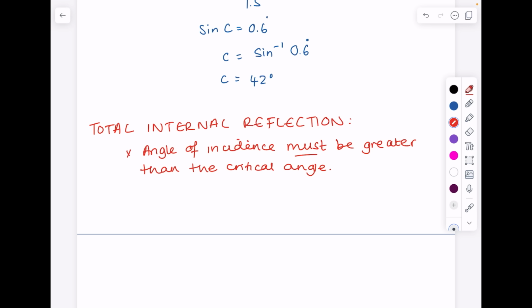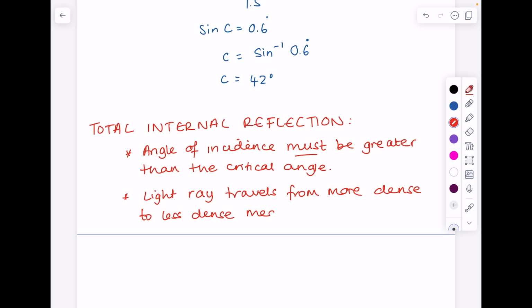Something else must be true for total internal reflection to occur. Your ray must be moving from a more dense to less dense medium. Or you could put that in other words, you could say that the light ray must travel from a higher refractive index substance to a lower refractive index substance.